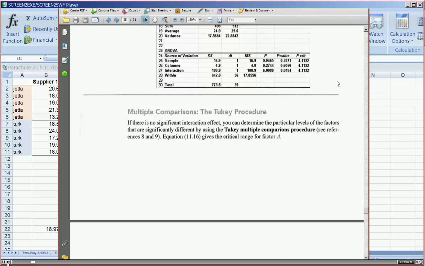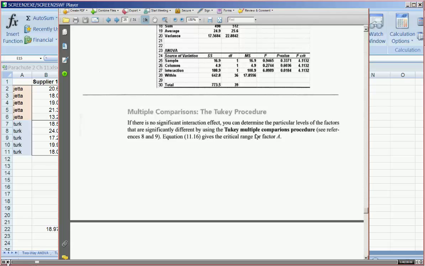So we have 40 parachutes. Therefore, the means that were used for the Tukey procedure in one-way ANOVA will not work. We'll need to come up with new numbers.